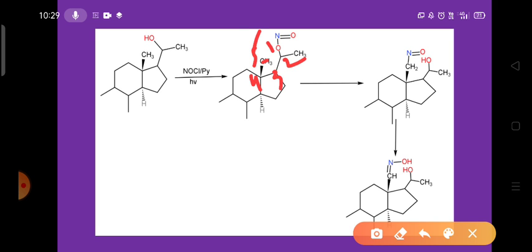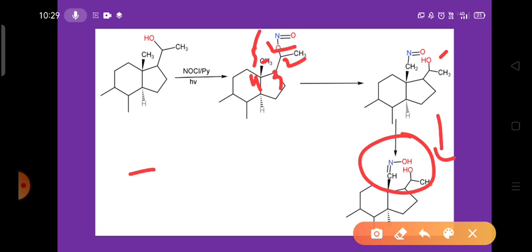So this is the fifth carbon. In the Barton reaction, the nitroso group comes onto the fifth carbon, and the oxygen of the nitrite changes into the hydroxy group. And then this nitroso compound undergoes tautomerism, and we get the oxime.